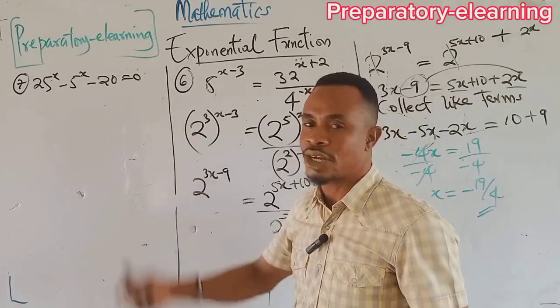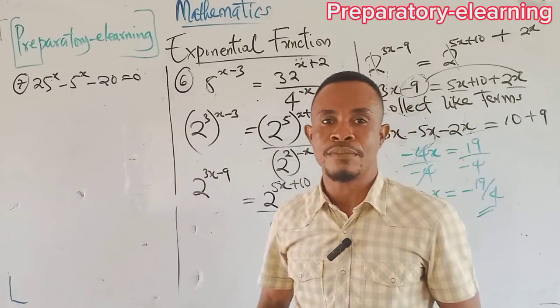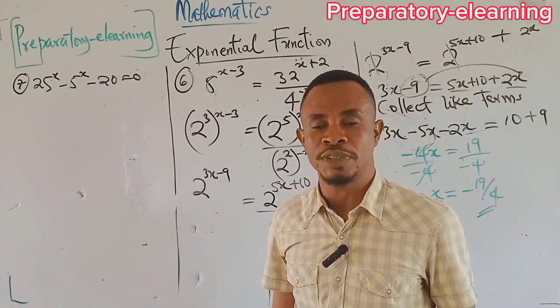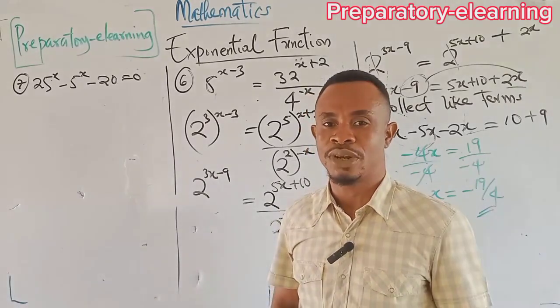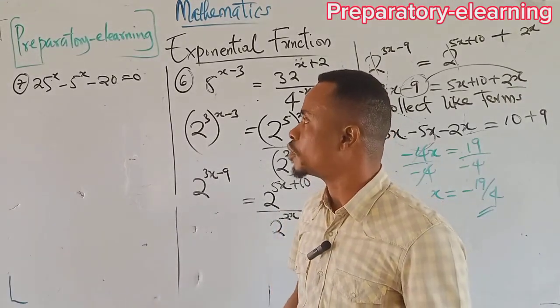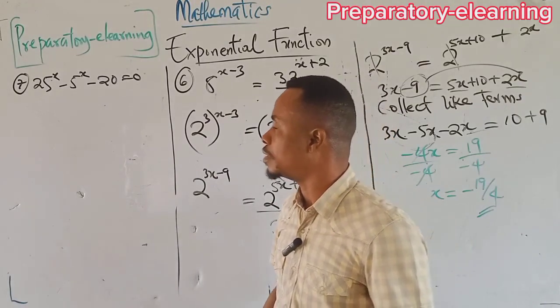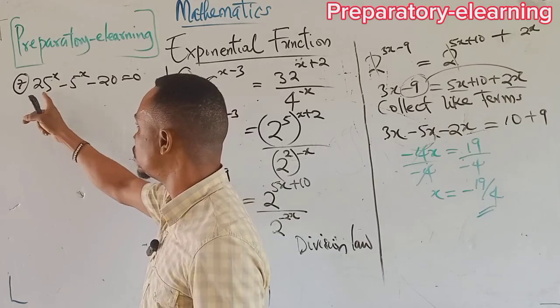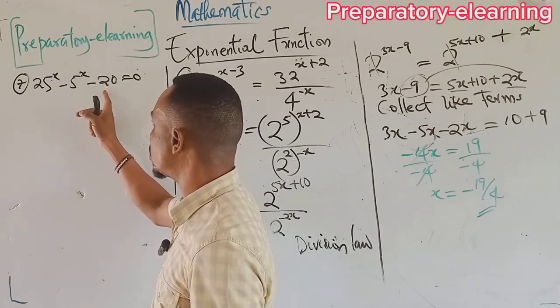This looks quite complicated because we now have a minus sign coming in. No multiplication law, no division law, no power law. So what do we do? Let us see how we can reduce this base to be the same. This 20 is already a number.